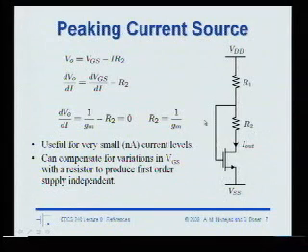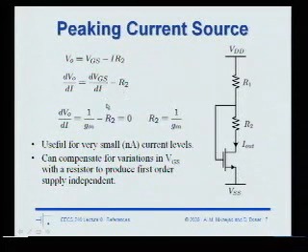Another nice thing about this current source is that I can make it first order independent of supply voltage. The idea is that if I look at the voltage at the output, let's say I take the voltage here, it is VGS minus IR2. So if I look at the derivative of the voltage with respect to current, as this current varies, that's dVGS/dI minus R2, right?